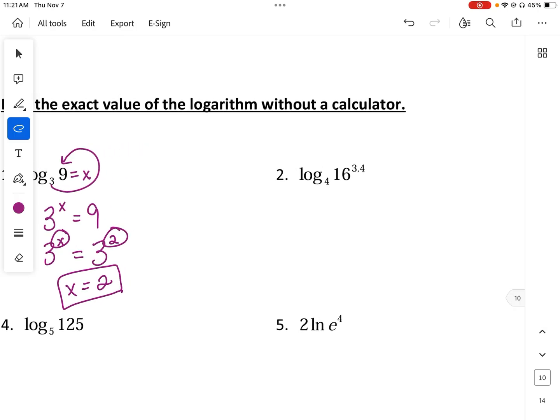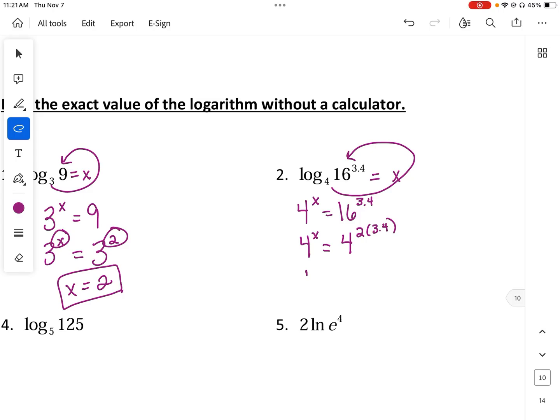Okay, let's do the next one. So we're going to swirl. 4 to the x equals 16 to the 3.4. So just like I did earlier, I changed 9 to a base of 3. I'm going to do the same thing here. 16 as a base of 4 is going to be 4 squared. And then I still have that 3.4 outside.